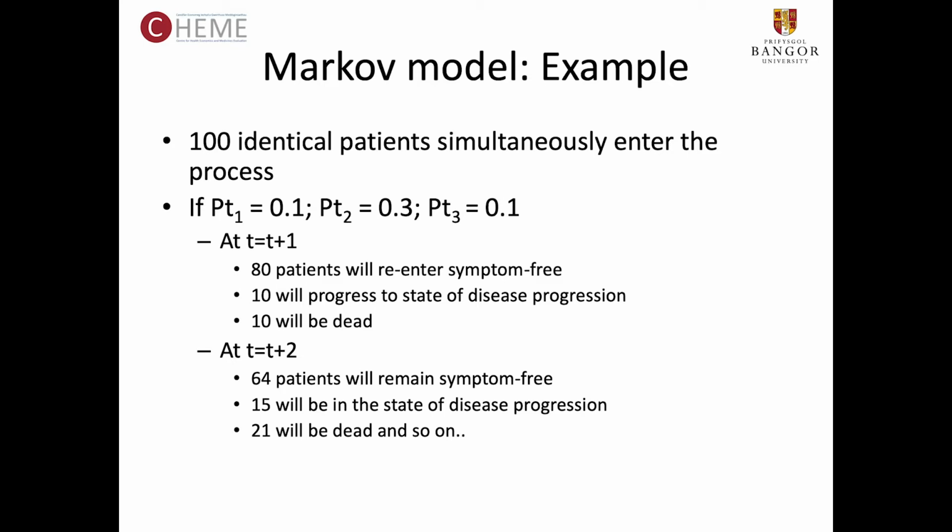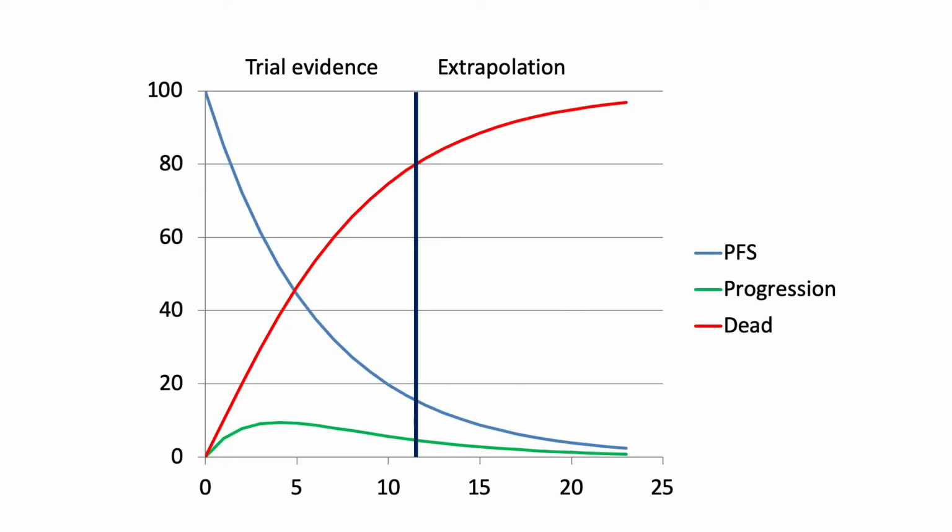And what's the point of doing this? Well, let's imagine that this represents some form of cancer and its treatment, and we would have clinical trial evidence over 12 months. So the vertical line at 12 months represents the evidence that you have from the clinical trial. So what in effect you have is a survival curve, which is 1 minus that red line.